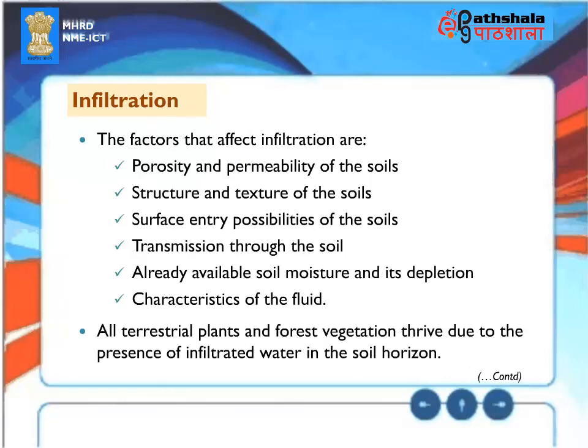The factors that affect infiltration are porosity and permeability of the soils, structure and texture of the soils, surface entry possibilities of the soils, transmission through the soil, already available soil moisture and its depletion, characteristics of the fluid. All terrestrial plants and forest vegetation thrive due to the presence of infiltrated water in the soil horizon.